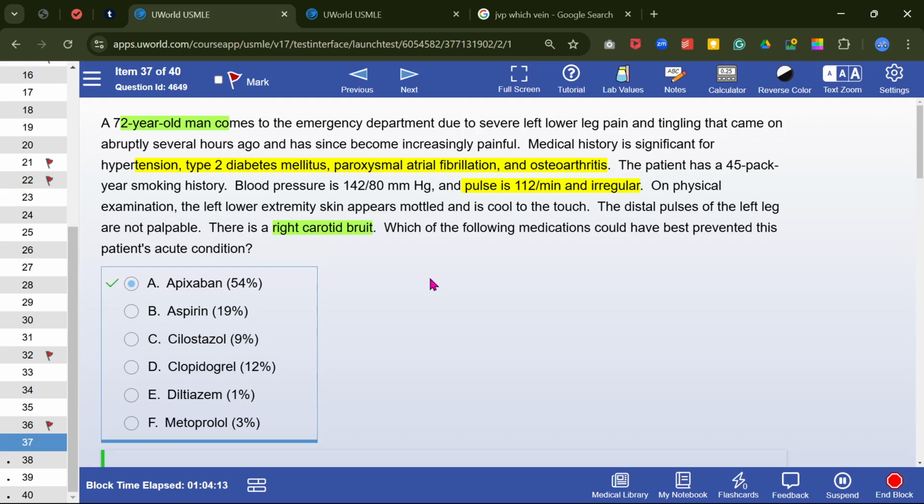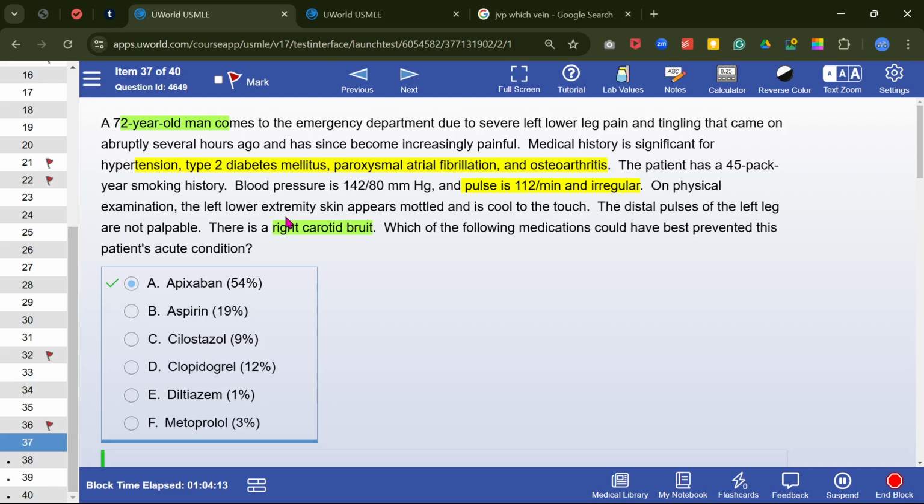Peripheral arterial disease, you can give aspirin to. And another drug, like in peripheral vascular disease, it comes with claudication, isn't it?